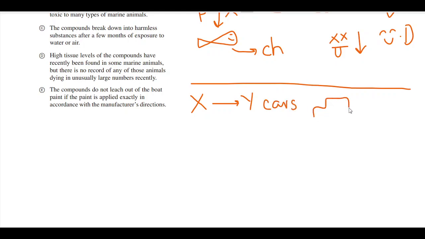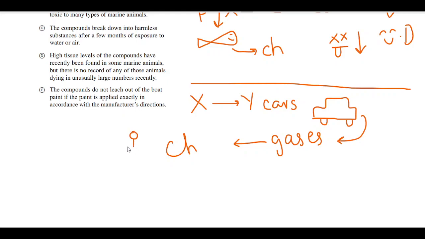Let's draw this out real quick. Okay, looks like a car. And these cars release some type of gases, which probably have some dangerous toxic chemicals. And these chemicals are somehow harmful to humans, or probably a lot of humans are dying, right?